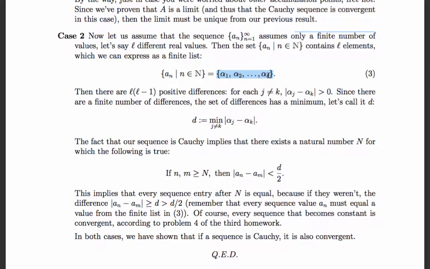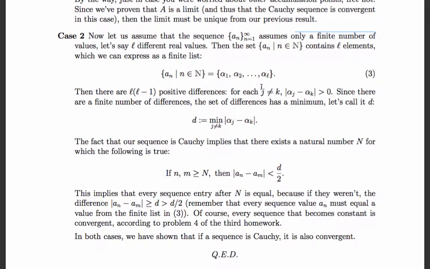Well, Cauchy sequence is a statement about the difference between two elements. If each element can only be one of L different entries, and I were to take the difference between every possible entry, there are only L times L minus 1 possible positive differences.